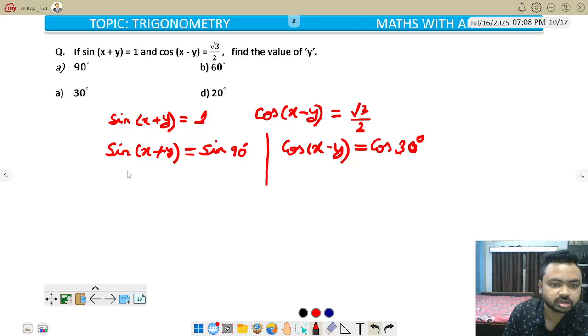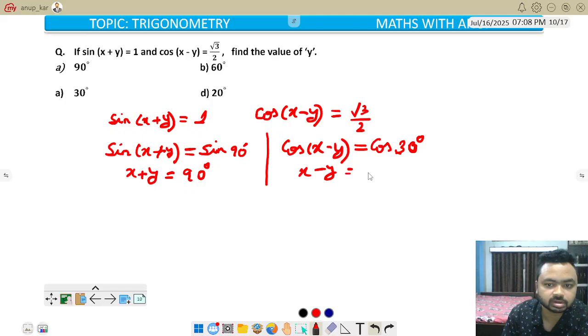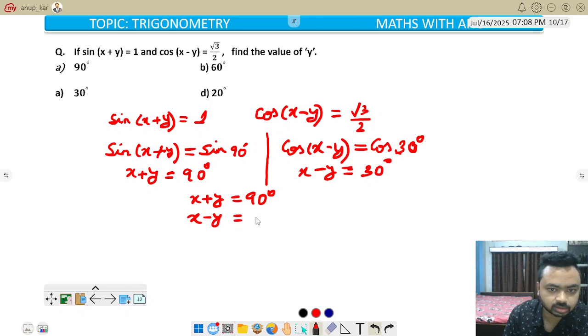So we can write it as x plus y equals 90 degree and x minus y equals 30 degree. If we further solve, to find the value of x, we will simply add both of them and divide by 2, so we will get 60 degree.